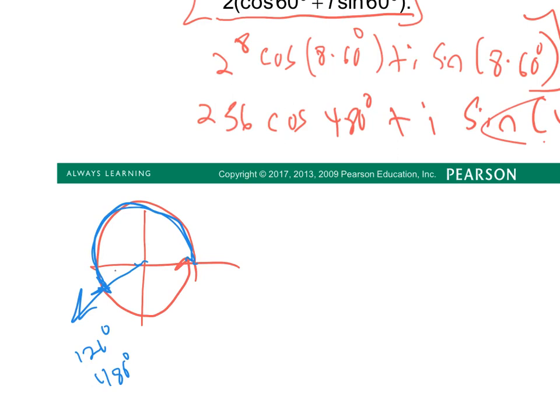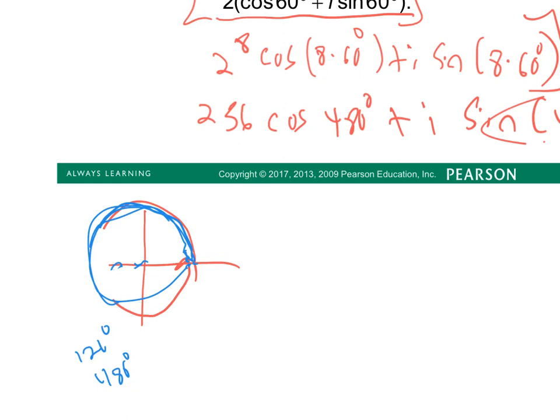But I need the reference angle here. Wait, I messed up. 120 is not down there. Hello, Cartwright, get it together. It was 360, and then it stops.